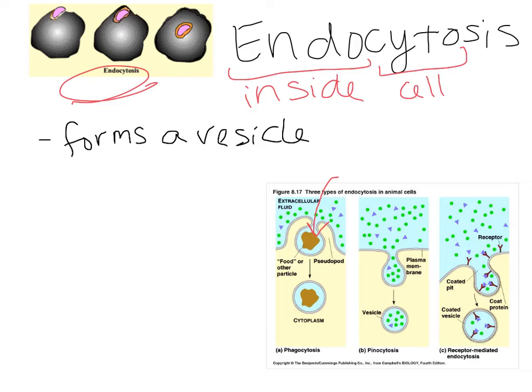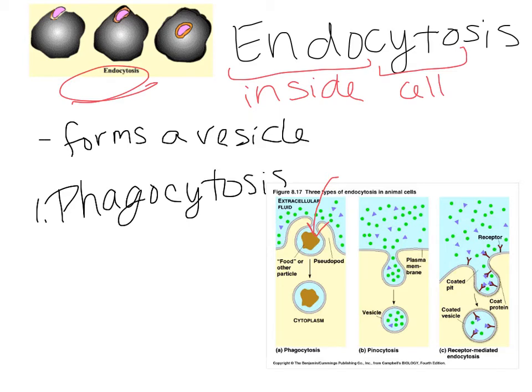So we've got two basic kinds of endocytosis. We have what's called phagocytosis. Phago means to eat, cyto is cell, so we've got what's called cell eating. In this instance, with phagocytosis, you're taking in a much larger particle.